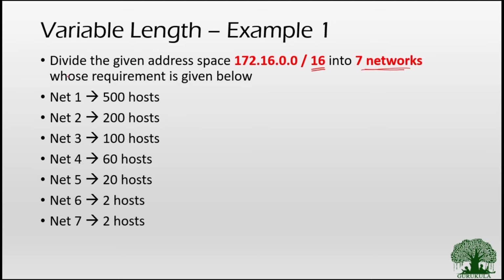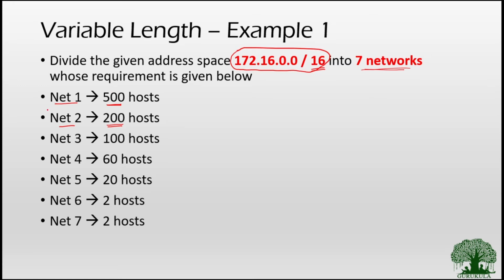Then we are expected to divide this into 7 networks, and in each network, for network 1 you will have 500 hosts, and for network 2 you will have to connect 200 hosts. This is the requirement given by the system administrator.